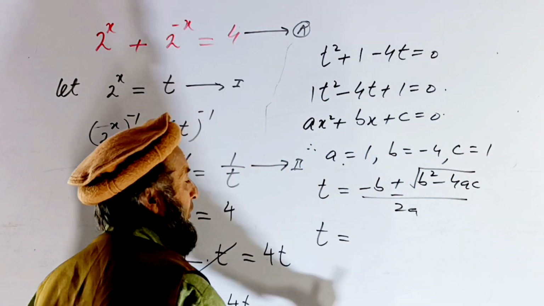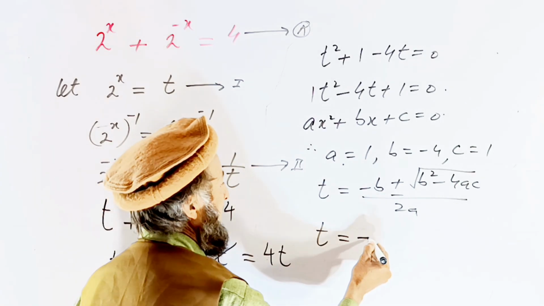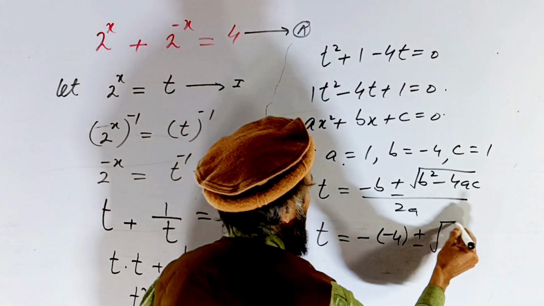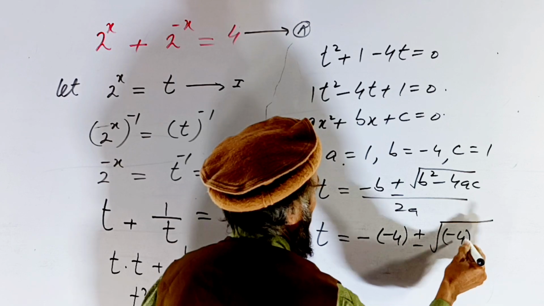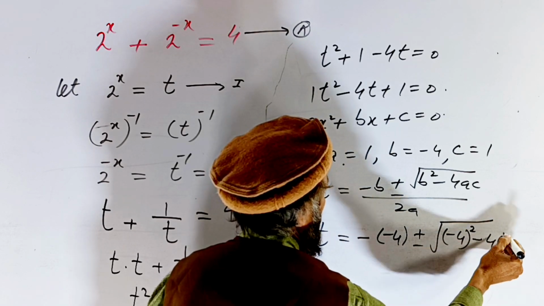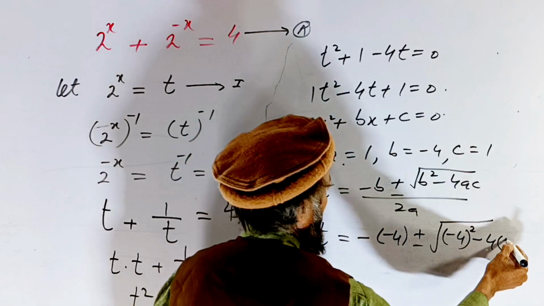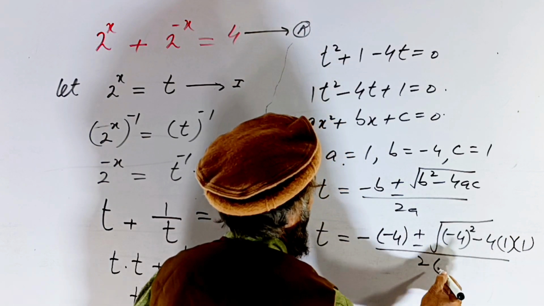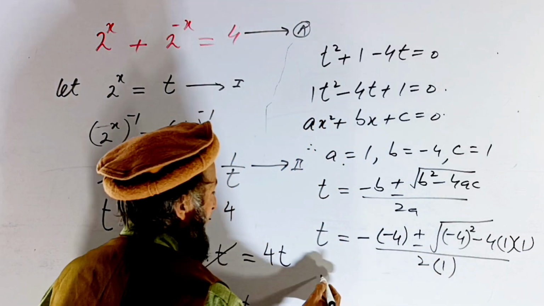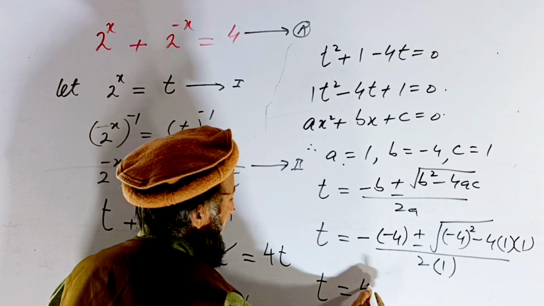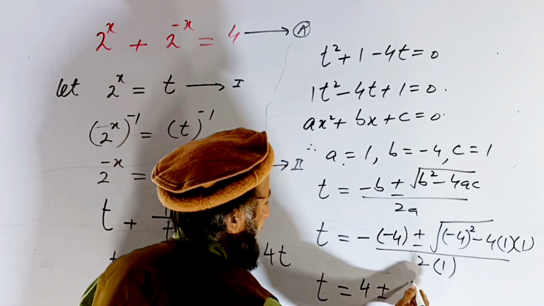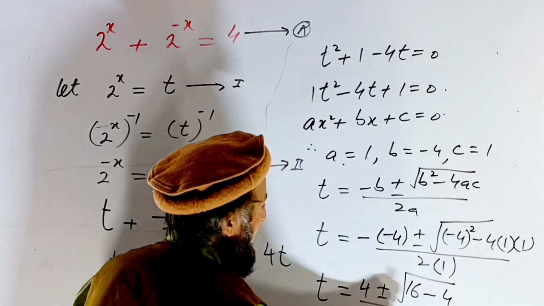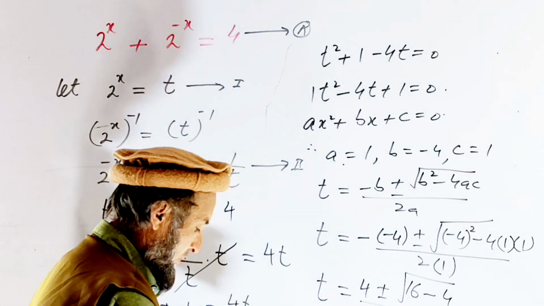According to this formula, we substitute: -b = 4, plus or minus the square root of (-4)^2 - 4 times 1 times 1, divided by 2 times 1. So t = (4 ± √(16 - 4)) / 2.